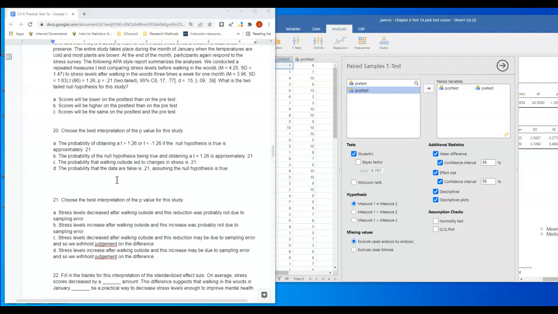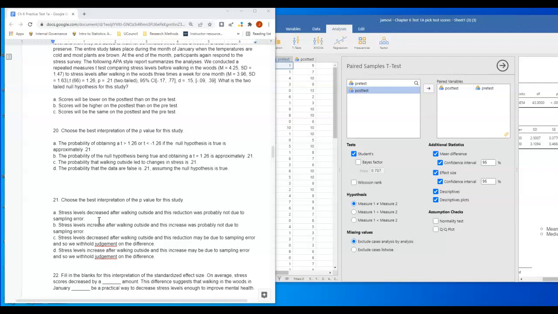All right. The next one is the best interpretation of the p-value of the study. This is a more verbal description and putting it in the context of the study. And here we have walking in the woods and not walking in the woods, walking in the woods before and after. And we're looking at the p-value of 0.21, which shows us that that difference is likely to be due to sampling error, right?